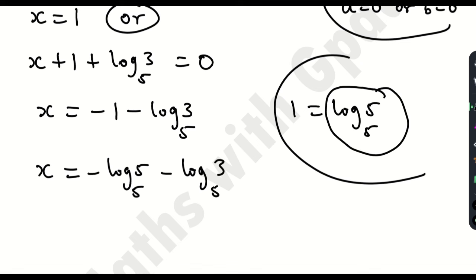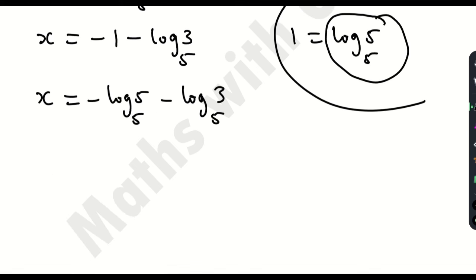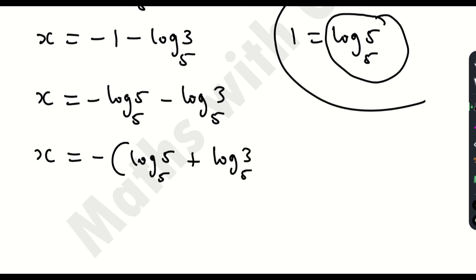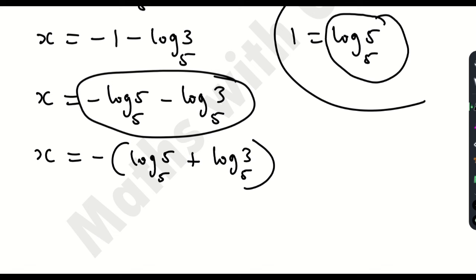Log 3 base 5. So they have a common sign, which is minus. I'll bring that out. x will be equal to minus, open a bracket, log 5 base 5 plus log 3 base 5. Observe this. If you use this minus to expand everything you have in the bracket, you are going to get this back.